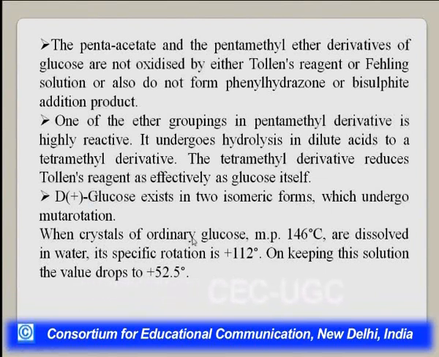How it came to notice: when crystals of ordinary glucose, melting point 146 degrees Celsius, were dissolved in water, its specific rotation came out to be plus 112 degrees, and on keeping this solution the value dropped from 112 to 52.5.